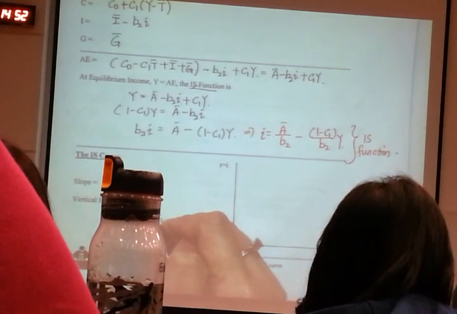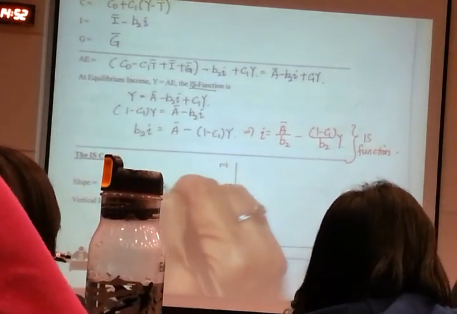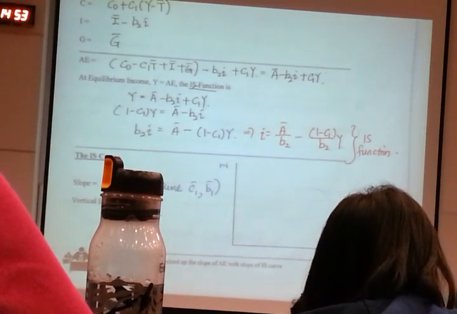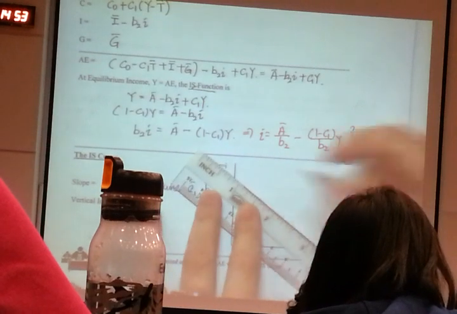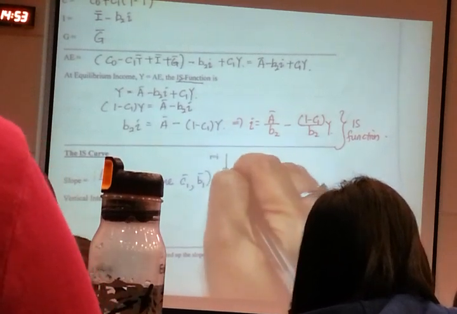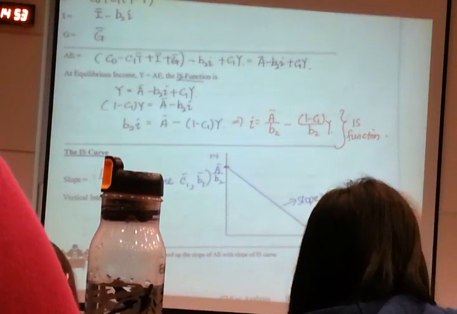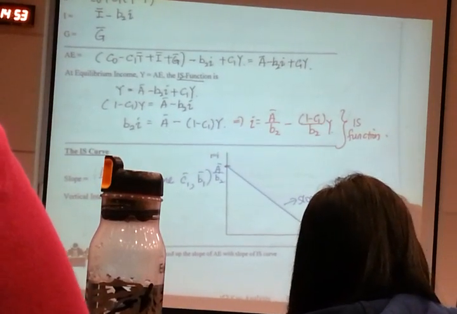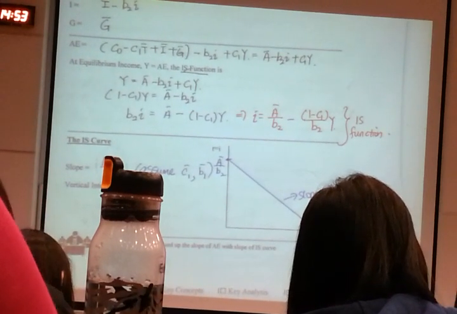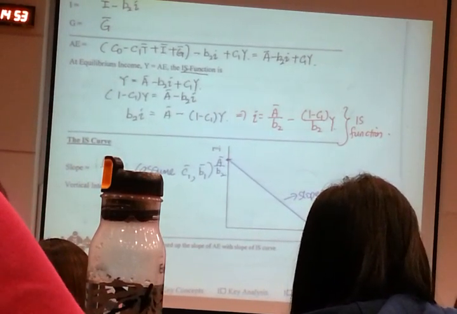The slope therefore tells you it is a straight line, as you tend to assume C1 is constant, B2 is constant. So this is my IS curve: vertical intercept A bar over B2, slope (1 minus C1) over B2. So please don't memorize a single thing. This is the IS curve.